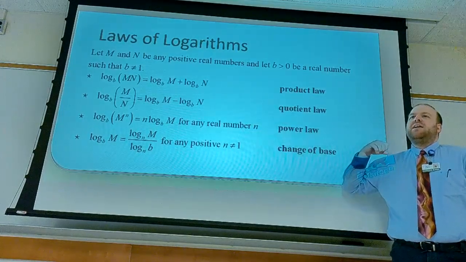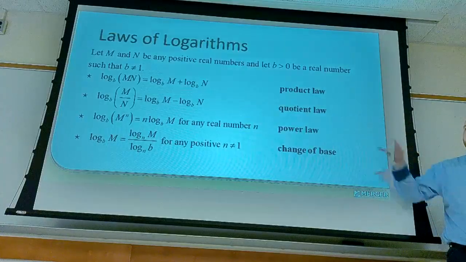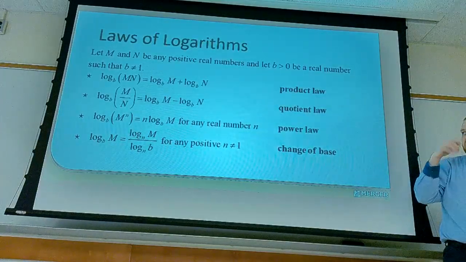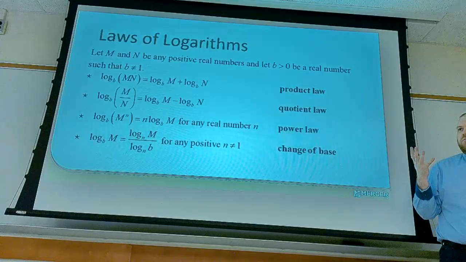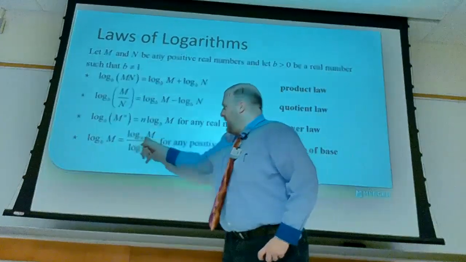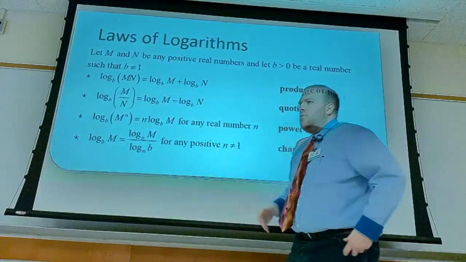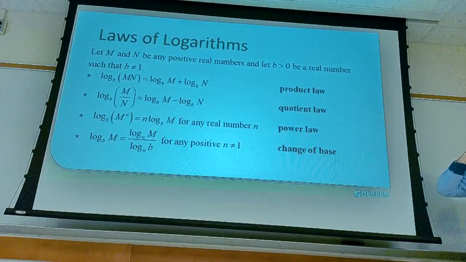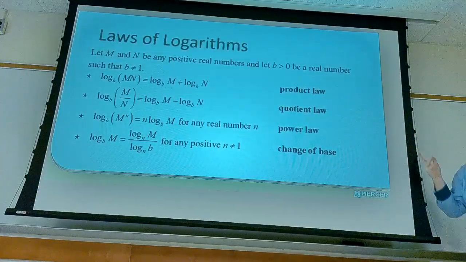And if you don't have a calculator that lets you put in any base you want, this is the formula you'd have to type into your calculator. Generally speaking, the most common one we change to is e, so then it would just be ln m over ln b. But you could do it to any base. You could also change it to base 10 if you wanted to, or base 128 for some reason, whatever.